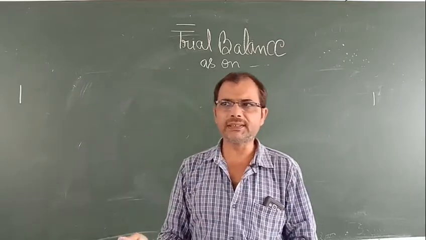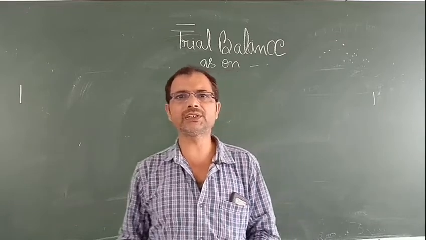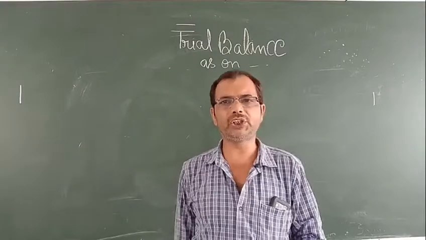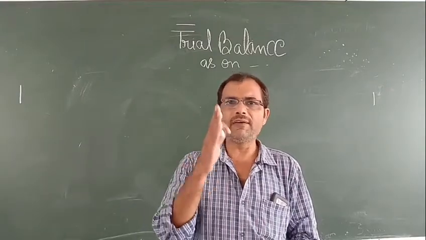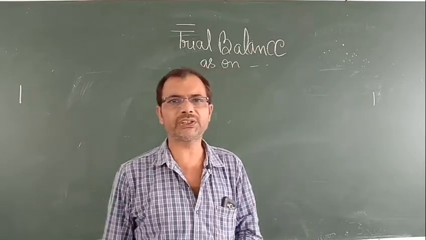In any business, there are a lot of transactions, and all the transactions are firstly entered or recorded in the journal. After making the journal, we classify all the transactions.